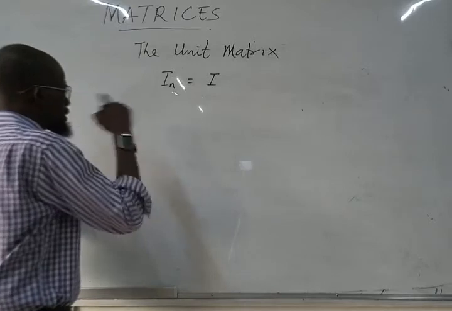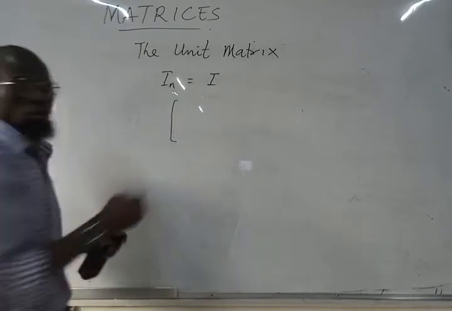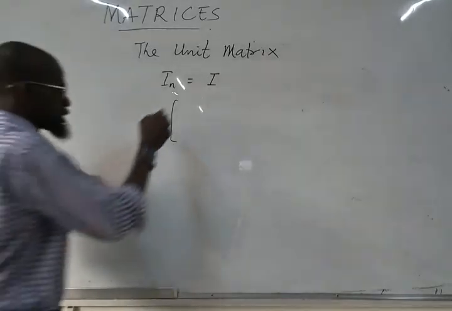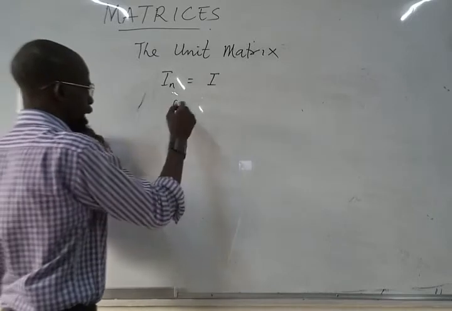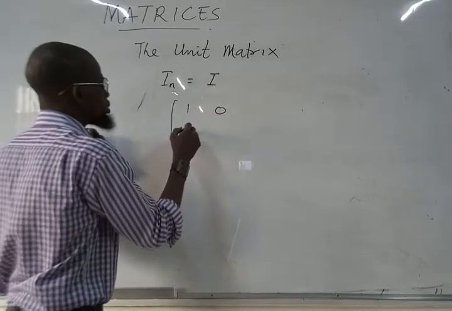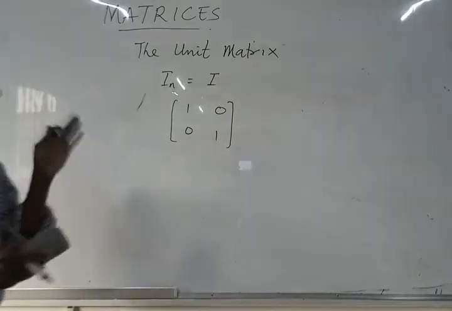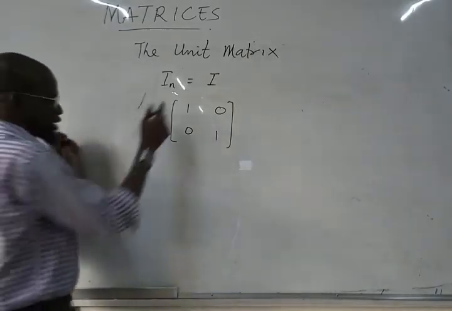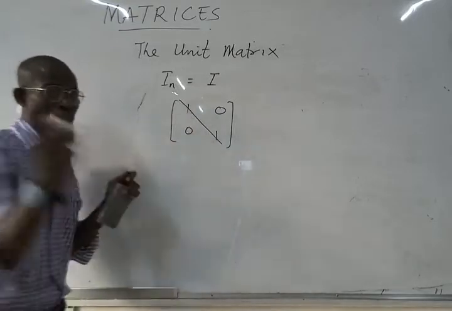For example, supposing we have this type of matrix, 1, 0, 0, 1. You can see this is the diagonal, and the order of the diagonal is just 2.